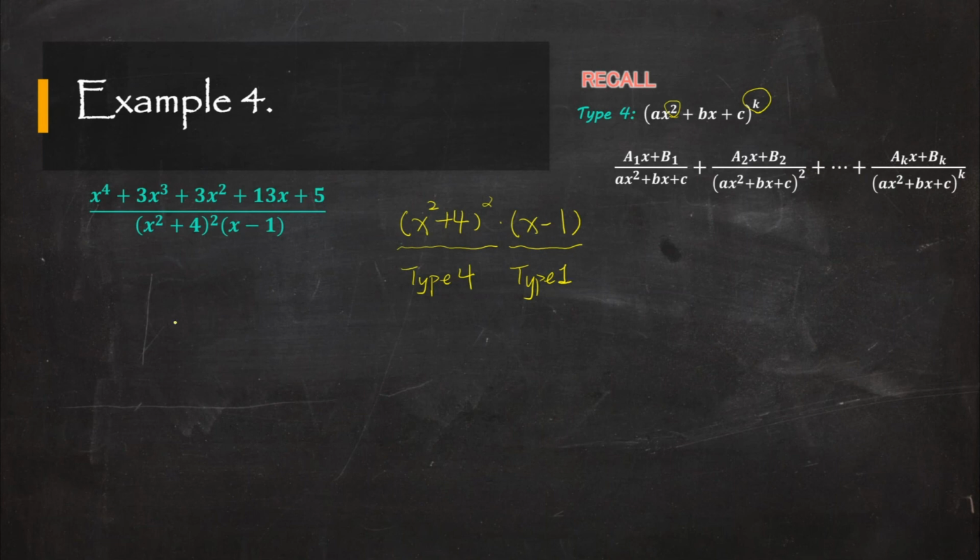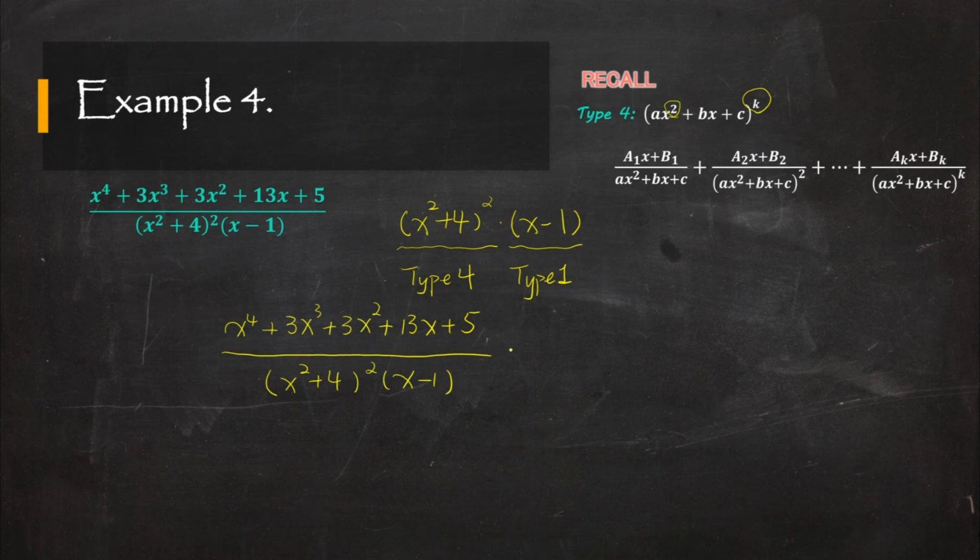So let me copy down the original function very quickly. Okay, so as we learned before, for type 1, we're going to have a variable only, right? Just only one variable. And here for type 4, look at the value of k. So here it's 2. So it means that we're going to have two more expressions.